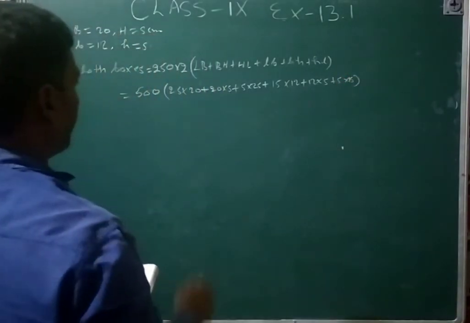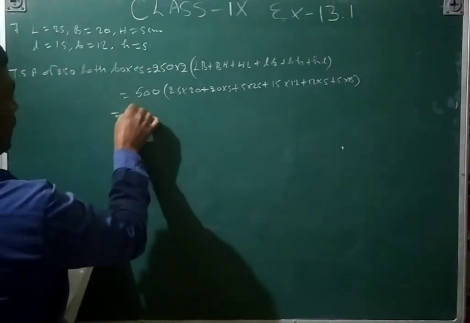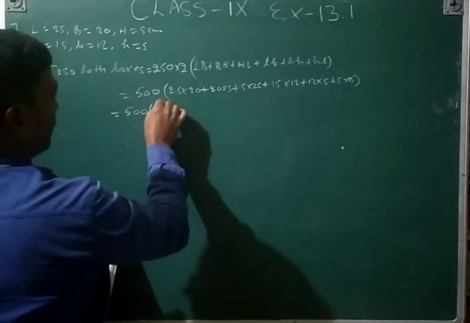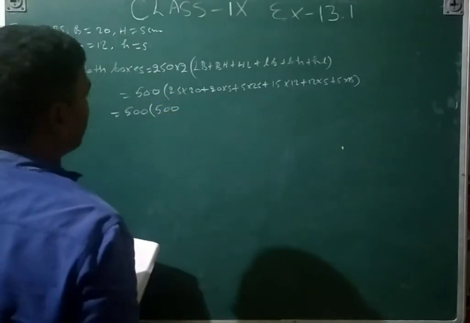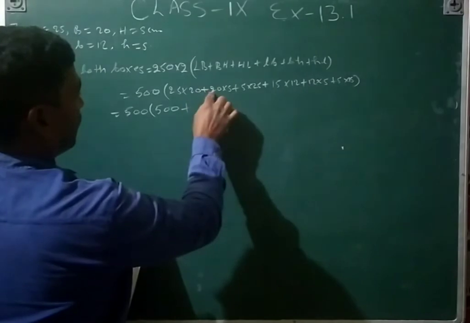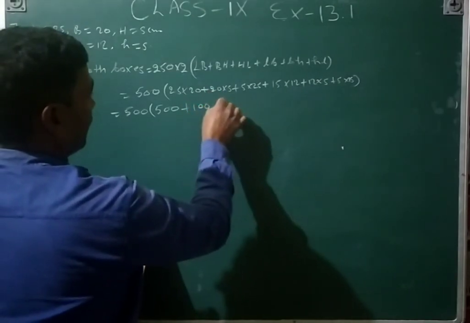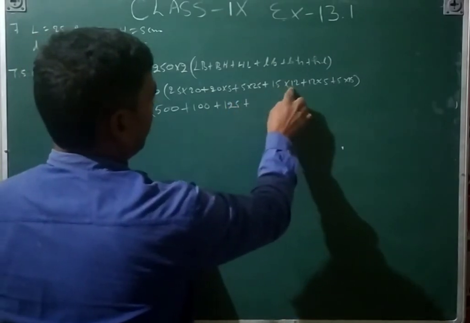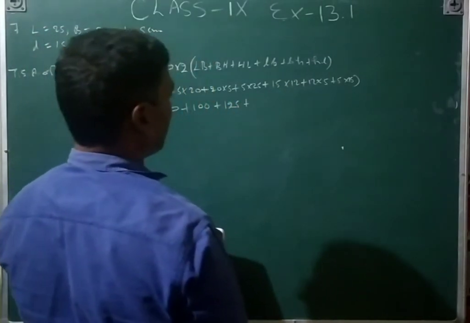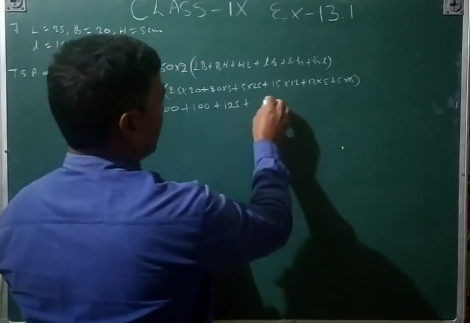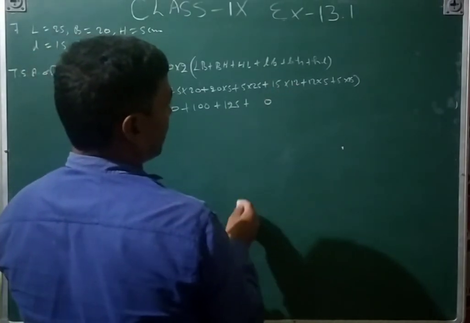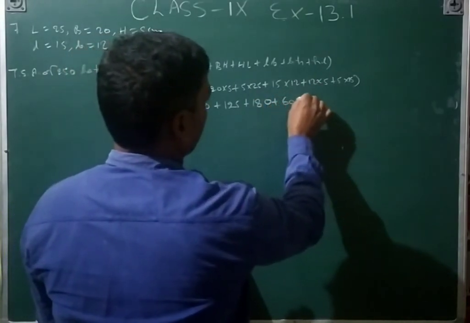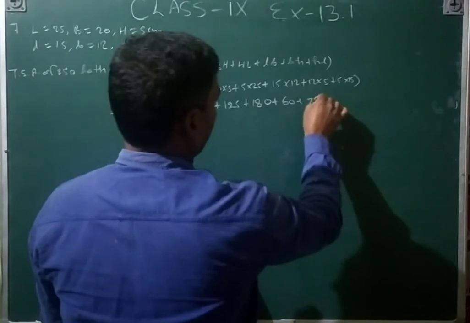Here we will do 500, and then 25 2 ja 50, 500 plus 25 ja 100, 525 ja 125, and then 15 12 ja 15 2 ja 30, 15 1 ja 15 3 180 plus 12 5 ja 60 plus 15 5 ja 75.